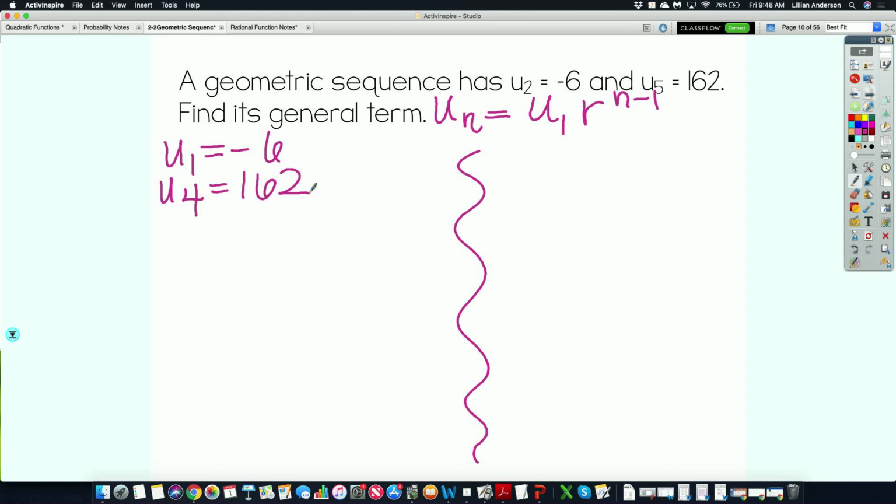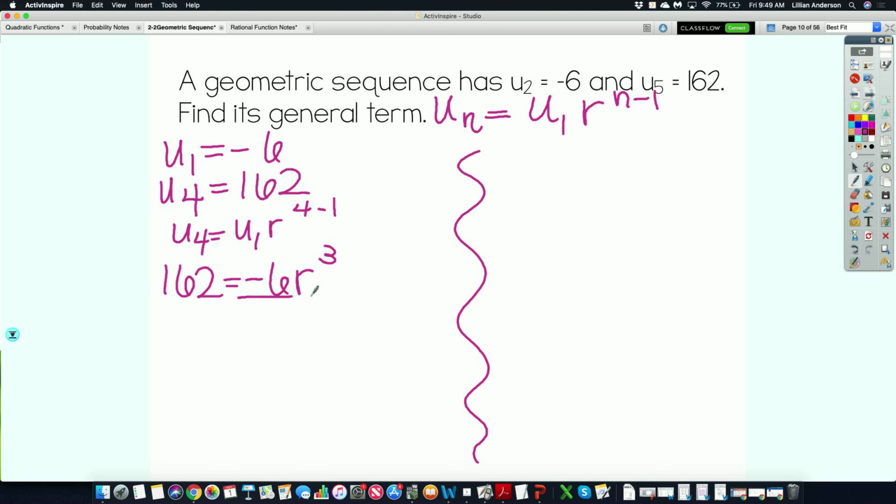Then what could I do? Plug that into the formula. So if I temporarily make these what they are, I can use this information now to find my common ratio. If I use 162 as u sub 4 temporarily, then I can plug in 162, I can plug in -6 for U1, and I can use this to find my R. How do I solve?